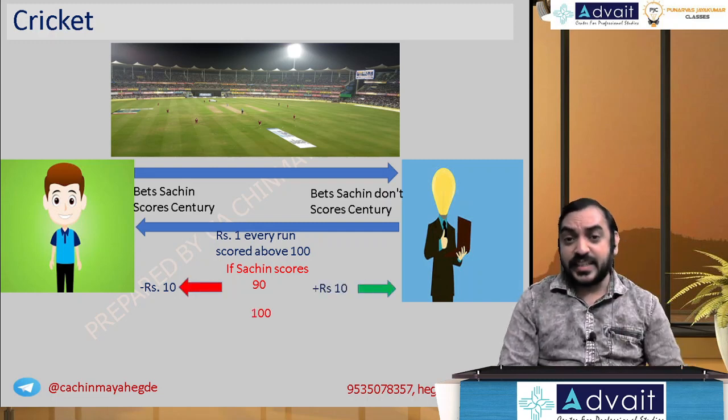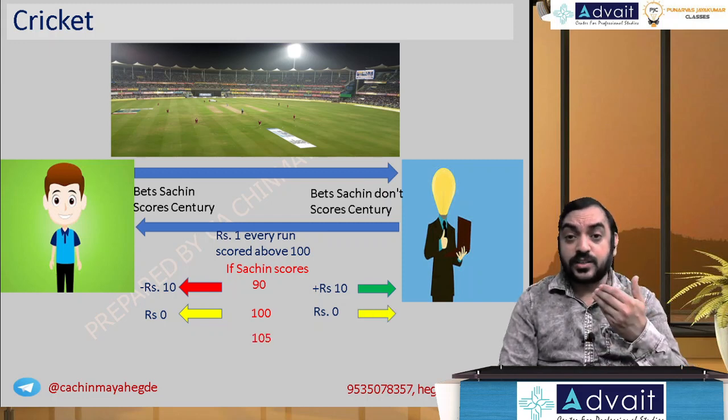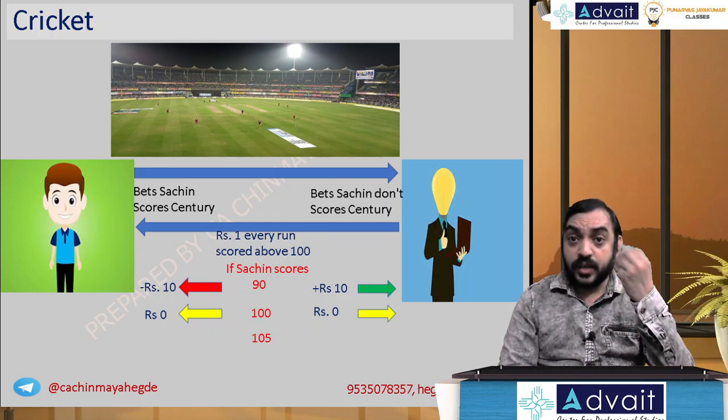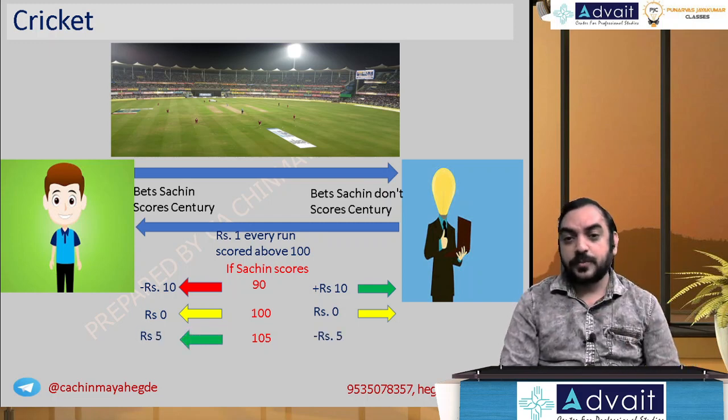And if he scores exactly 100, then it's 0, exactly what you have bet. And if he scores 105, he scored 5 runs extra, so you get 5 rupees and the other person will lose 5 rupees.